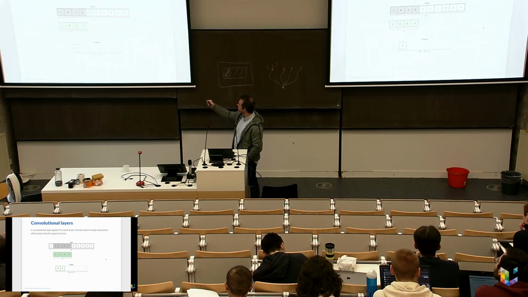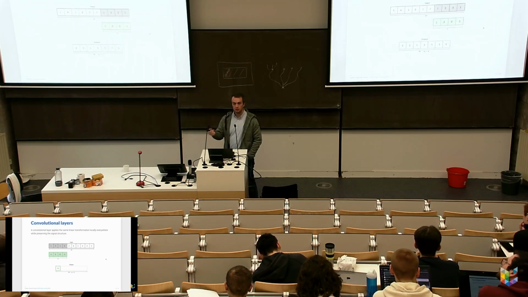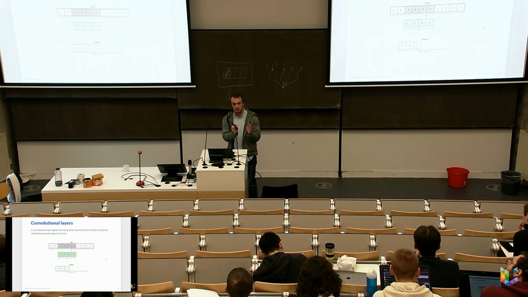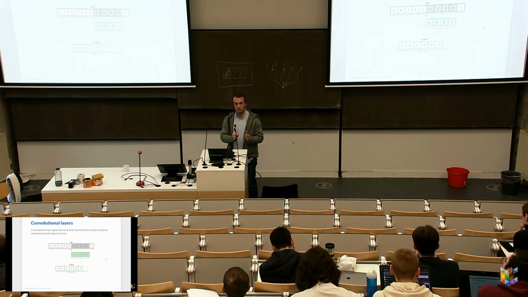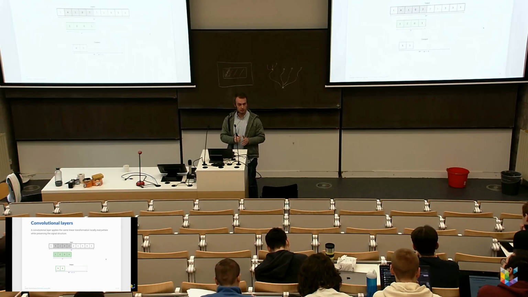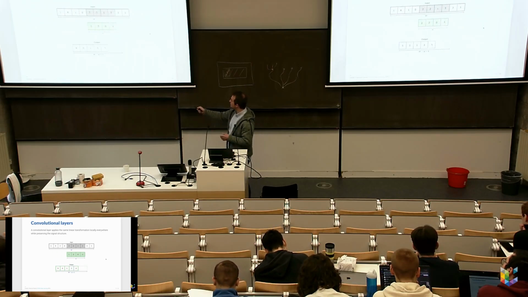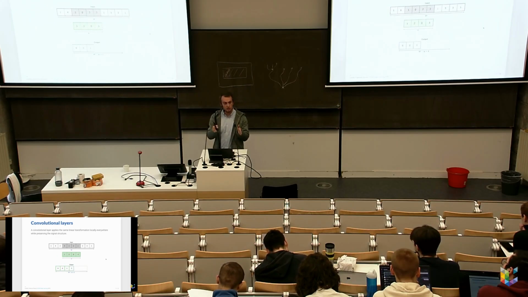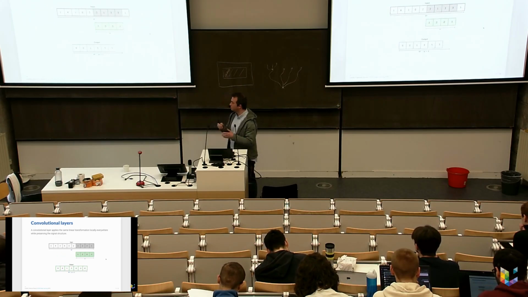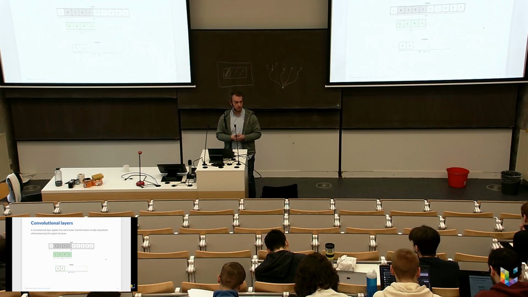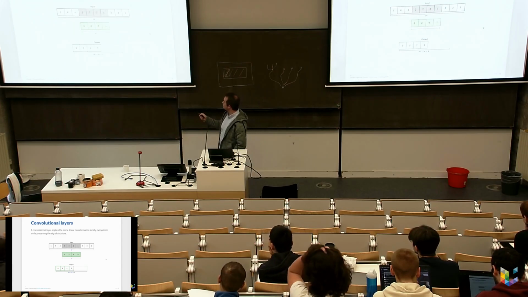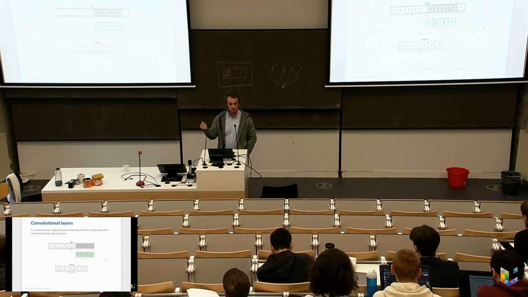So let's say, for example, you have this input vector, and we want to apply only locally a small linear transformation of this region and of this region only. The way to do that is just to take some subregion of the input, for example, 4 consecutive elements, and then apply a linear transformation to these 4 elements. The simplest linear transformation is just to multiply these elements by a vector of the same size.